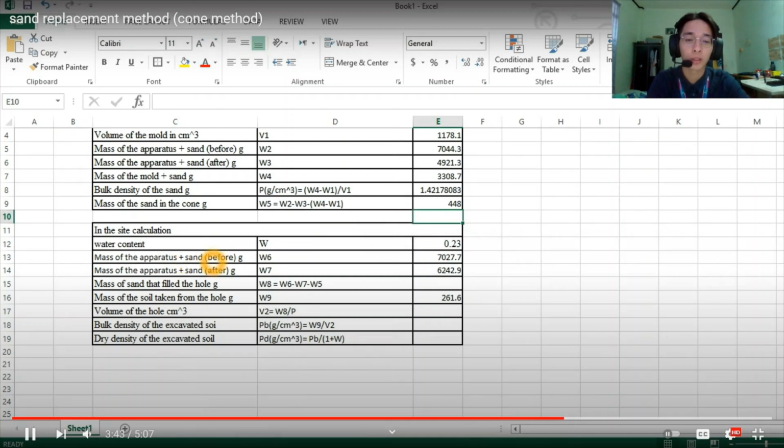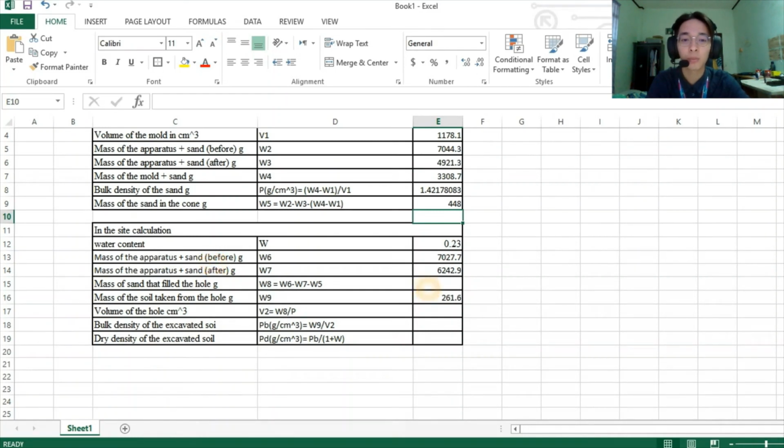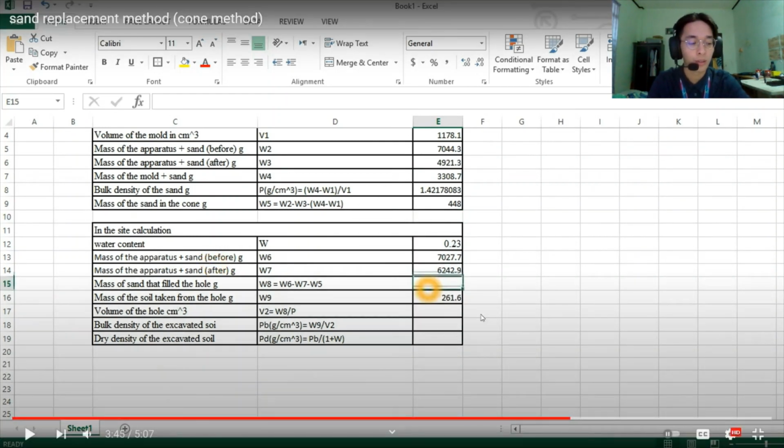We have the water content that has been determined, that is 0.23. So the mass of the sand that filled the hole needs to be calculated.